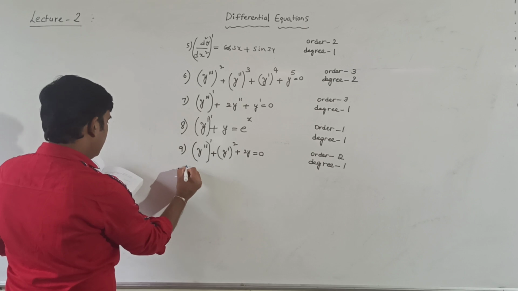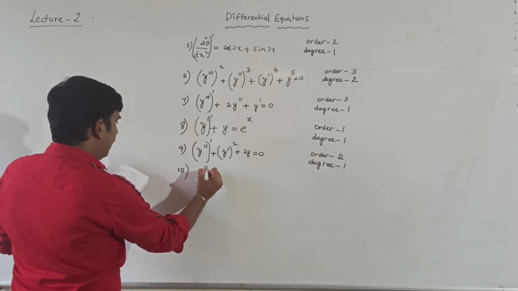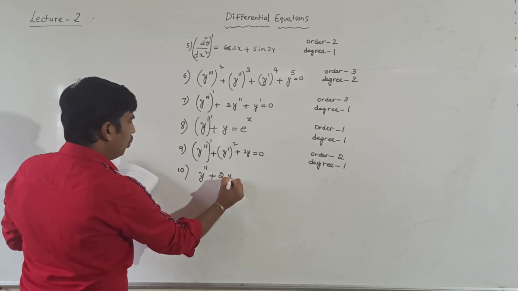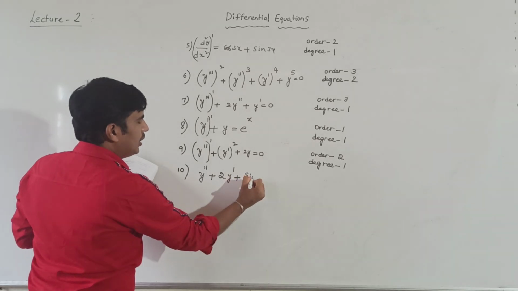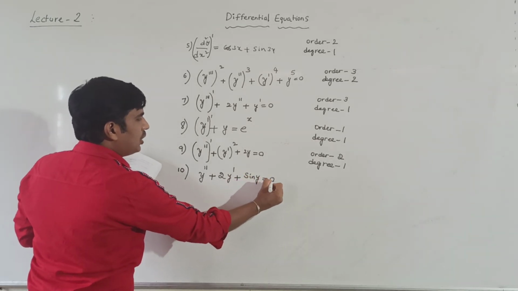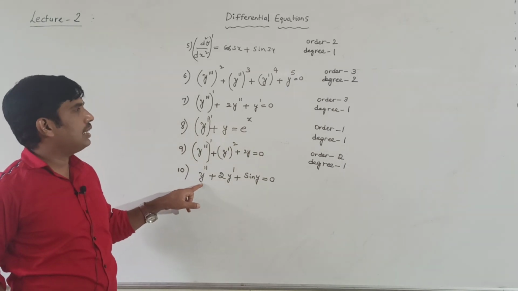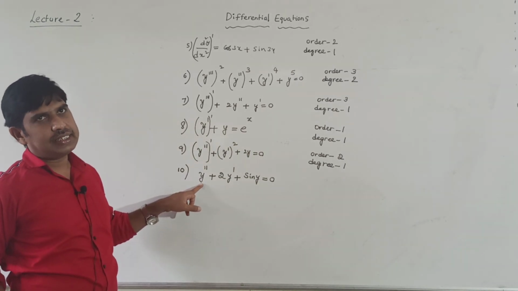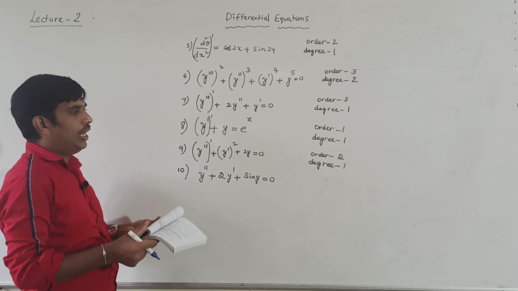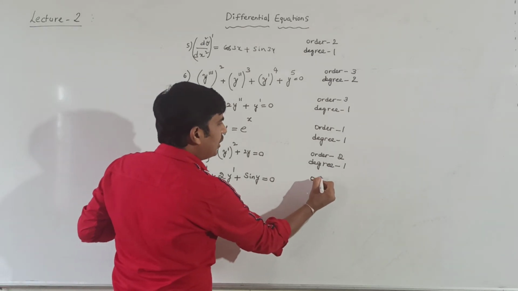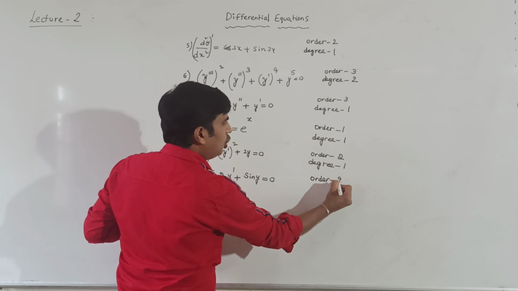Next comes the 10th problem, y double dash plus 2y dash plus sin y is equals to 0. Here this is the first order, this is the second order, and this is the highest order derivative. Hence, what is the order of this differential equation? Nothing but 2.